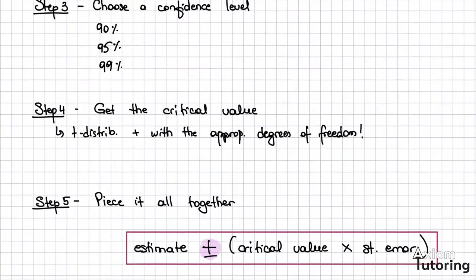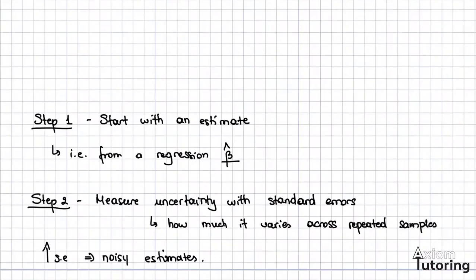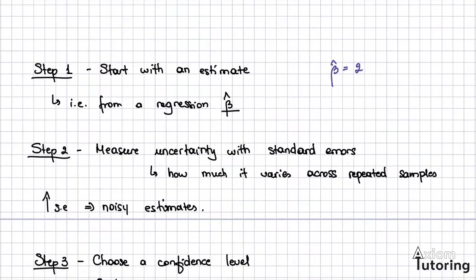Let's go through all of these steps with a numerical example. We're going to assume that all of the numbers I'm going to say going forward are what we observe after running a regression and doing a study. Suppose that our beta hat is 2, and in the same table I also have the standard error of beta hat being 0.5.